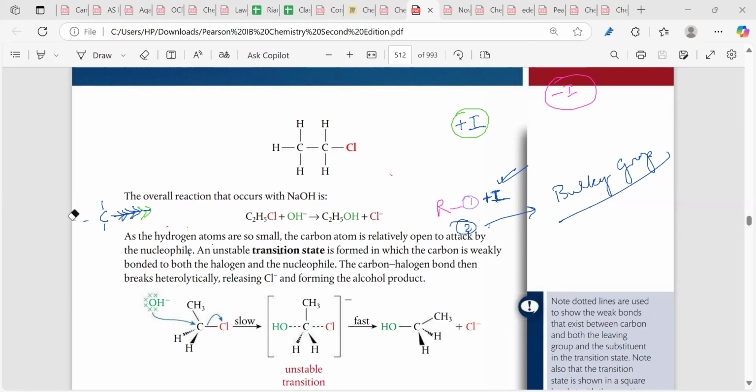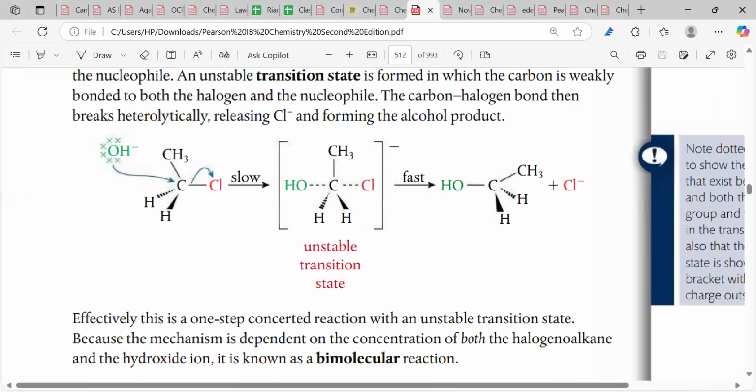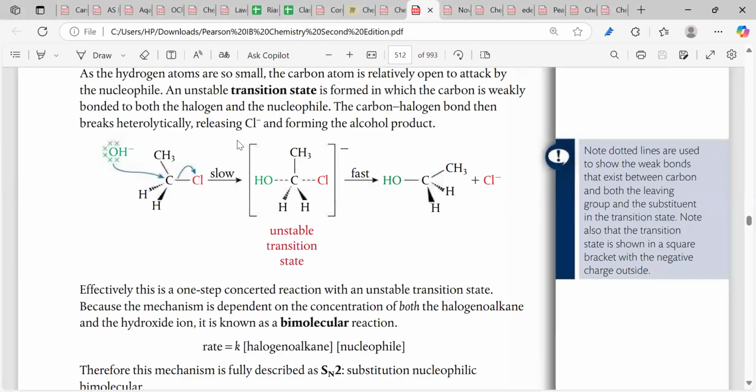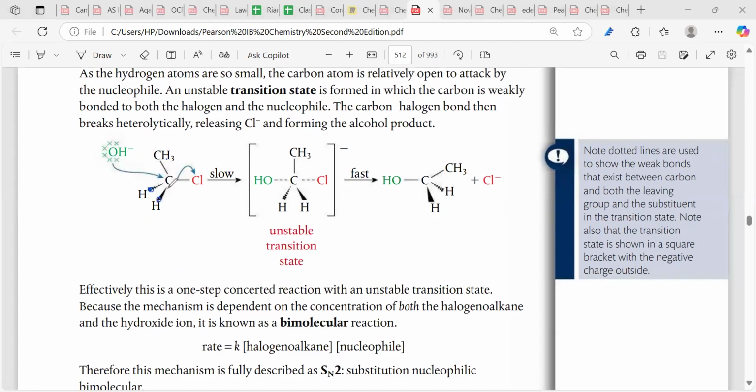Now going to this, when we see a primary halogen alkane, it has at least two hydrogen atoms, and hydrogen is a very small atom, right? So here you are having an alkyl group which occupies a bulk.